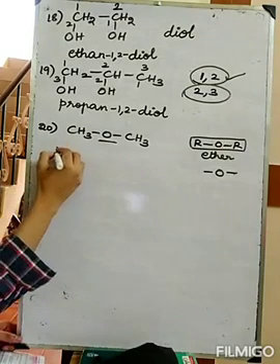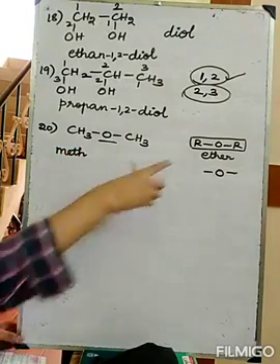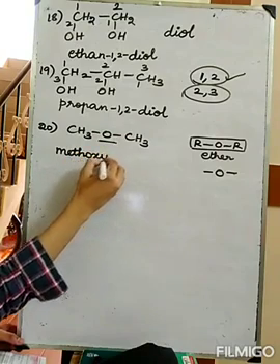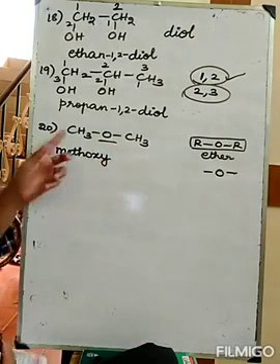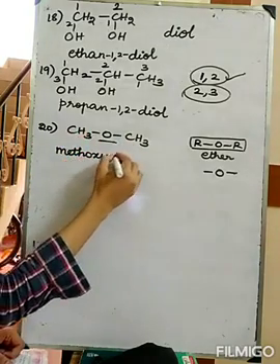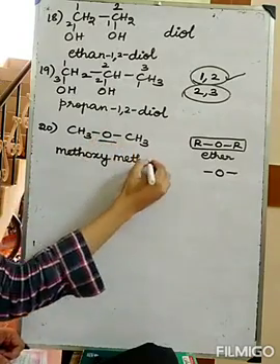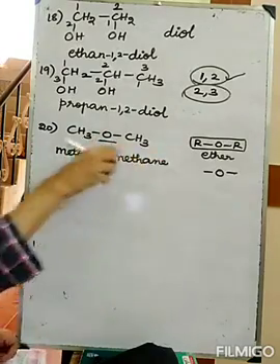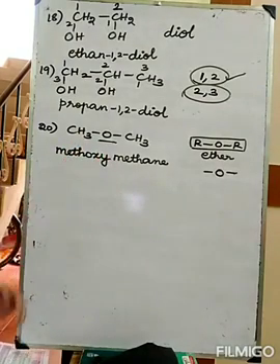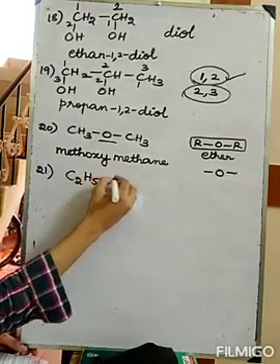So 1 carbon means meth. For the ether group, oxygen is present, so you have to add the suffix oxy. So methoxy. Remaining, how many carbons are there? 1 carbon. So meth. Then single bond is present, so ane. So what is the name of this compound? Methoxymethane.